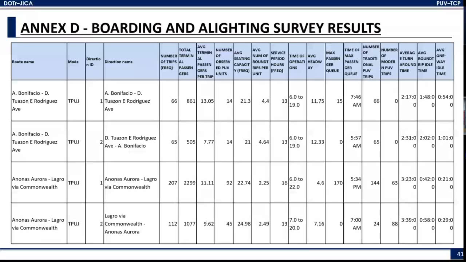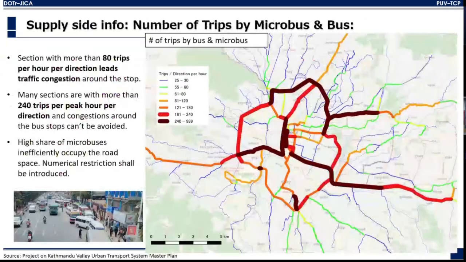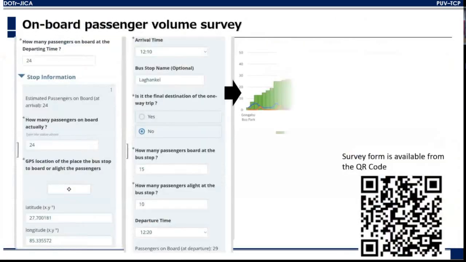This is part of the boarding and alighting survey results. Based on this information, the number of trips by public transit route is specified. If I utilize such information, a figure similar to this one in Quezon City can be visualized.